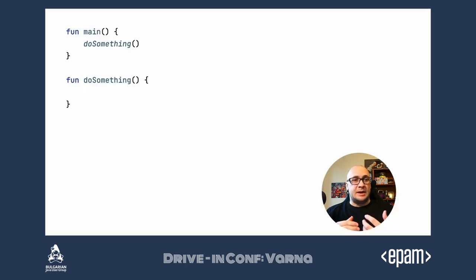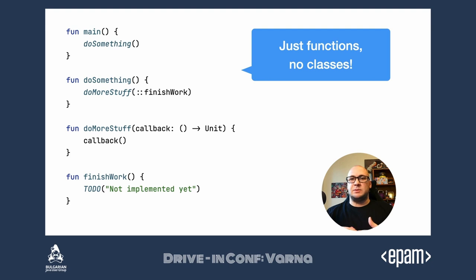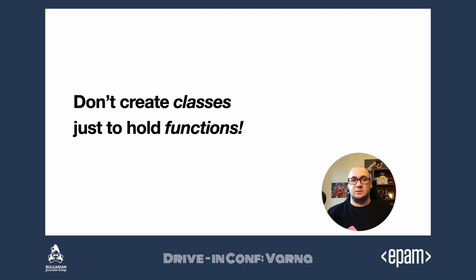We can create functions, call functions, and pass functions as parameters, and as long as we just describe the behavior of the program, we don't need classes at all. We can start introducing classes only when we actually need to model the domain somehow. So don't create classes just to hold functions. We can have functions on the top level and introduce classes later.